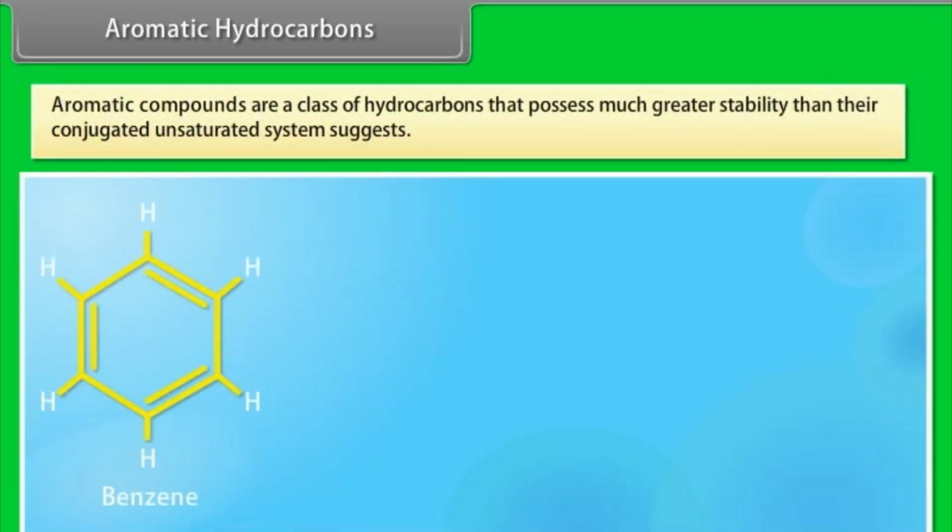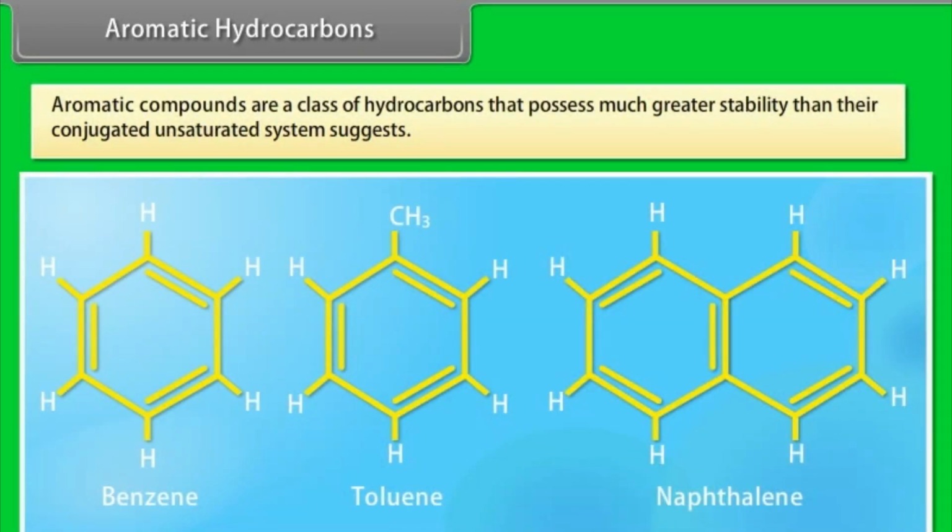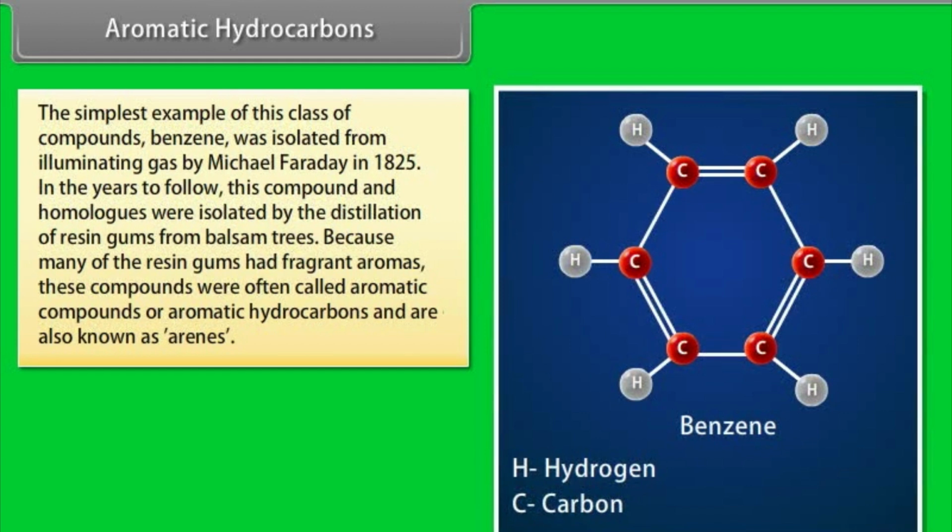Aromatic hydrocarbons. Aromatic compounds are a class of hydrocarbons that possess much greater stability than their conjugated unsaturated system suggests. The simplest example of this class, benzene, was isolated from illuminating gas by Michael Faraday in 1825.